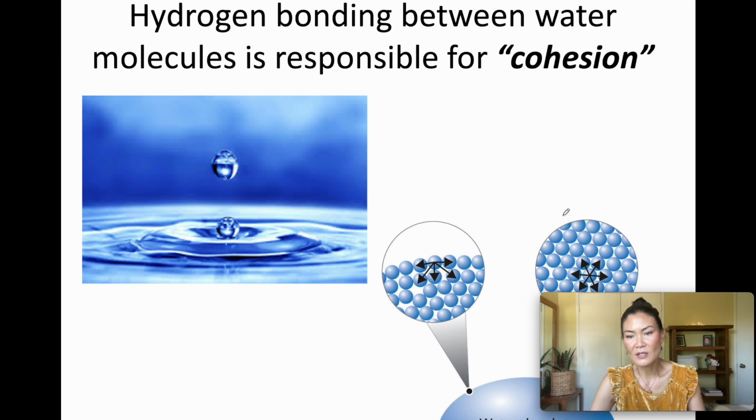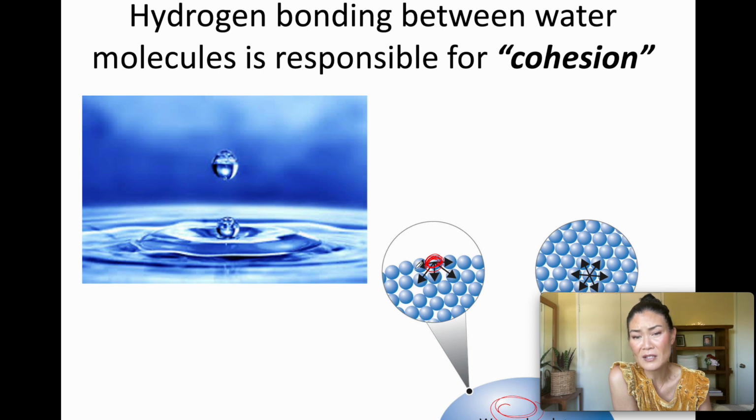Okay? So in this diagram here, in the water droplet down here, you have all these water molecules that are surrounding each other and they're all attracted to each other. That's cohesion. And then at the surface, you have water molecules that are attracted to each other, but let's say we're focusing on this water molecule. Because it is not surrounded by other water molecules, the cohesive forces between the water molecules at the surface are stronger.